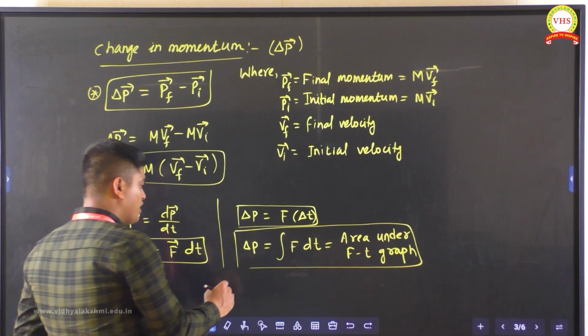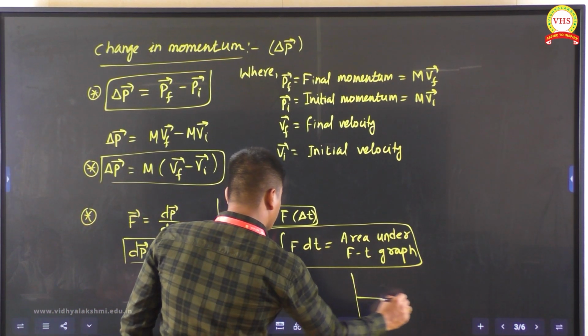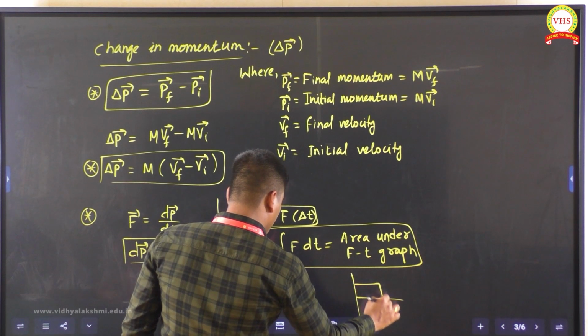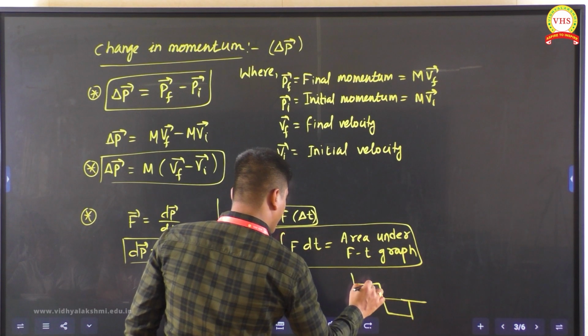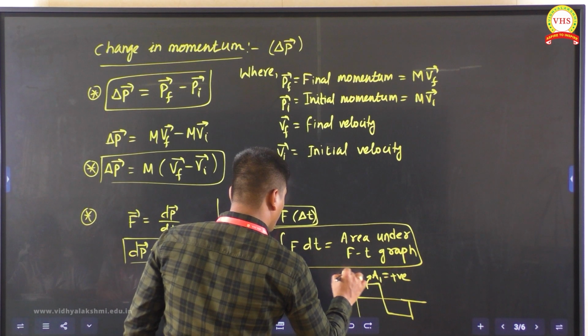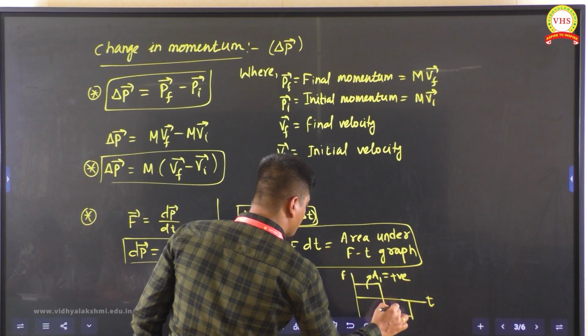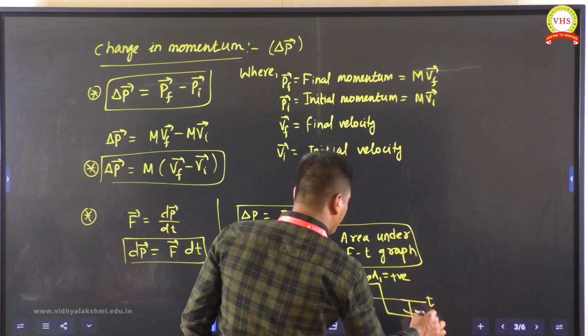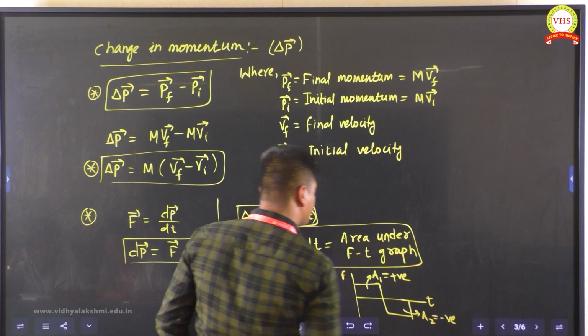And here is one point you can remember. Suppose I have areas like this. Suppose this one is area A1, it should be taken as positive if I am taking the time axis, and this is area A2, which will be taken as negative.